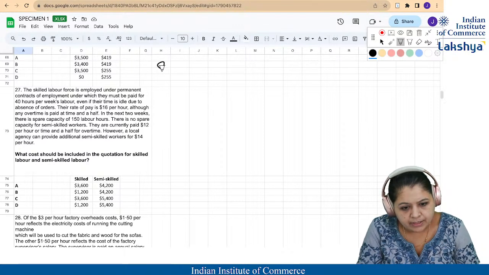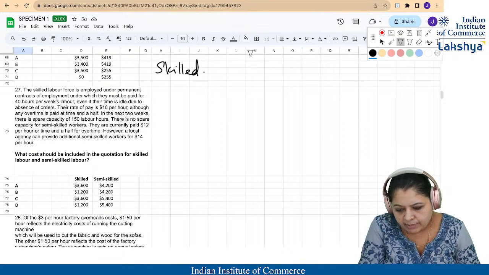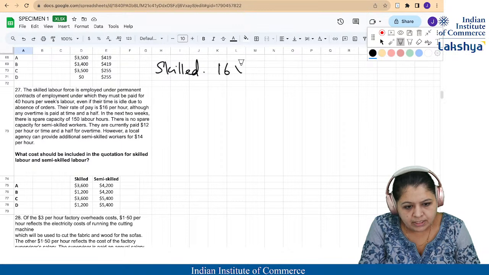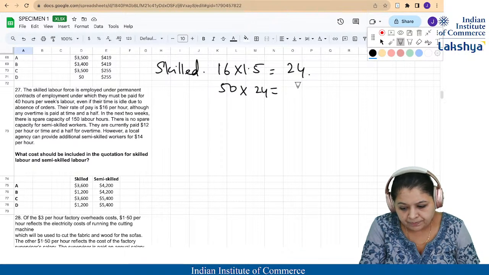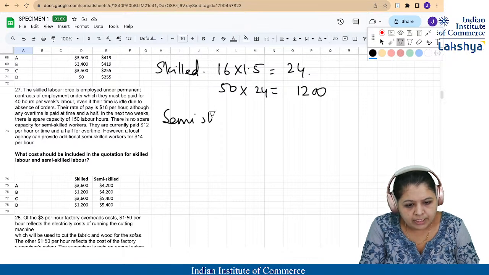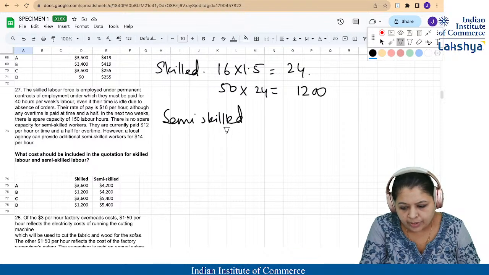Let's do the skilled part first. When we talk about the skilled labor, it is going to be 16 at time and a half, because skilled laborers are not available from the agency. So 50 hours at 24, we have to pay them 1,200. For semi-skilled, there is no spare capacity, and if the existing ones do overtime, they're going to charge a lot.